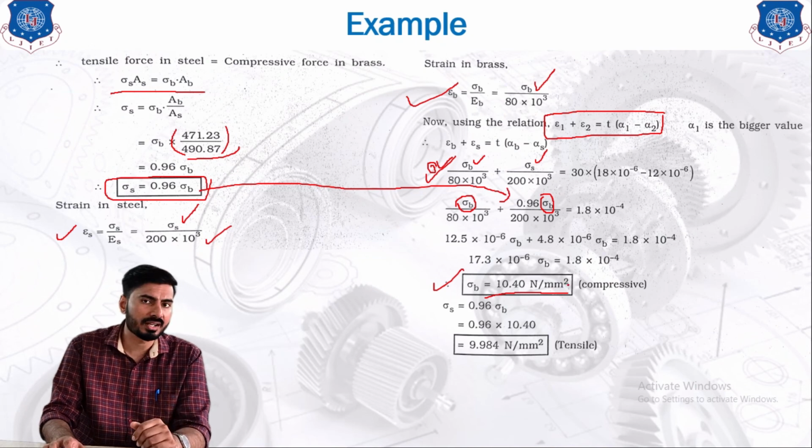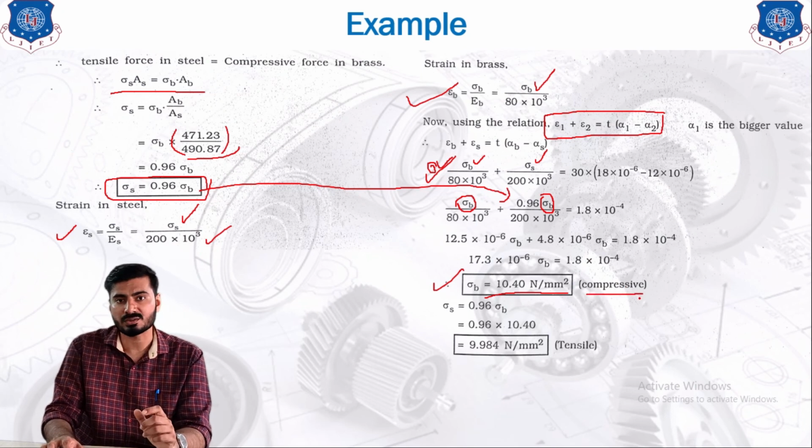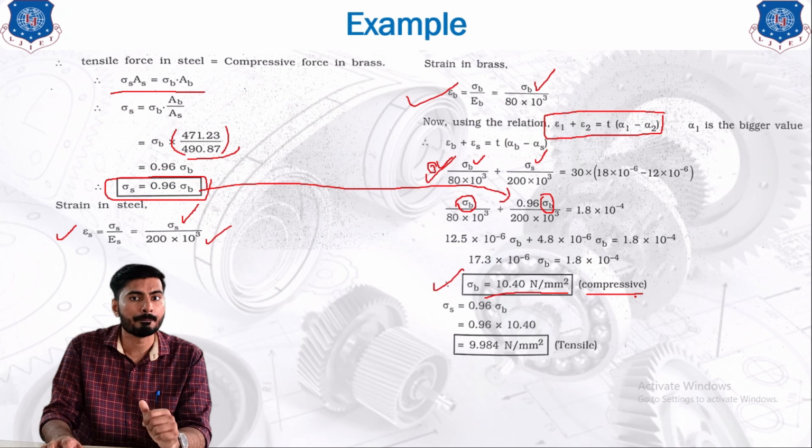We have already mentioned that sigma B is the stress of the brass material, and the brass material is facing compressive force. That's why the nature of the stress is compressive.